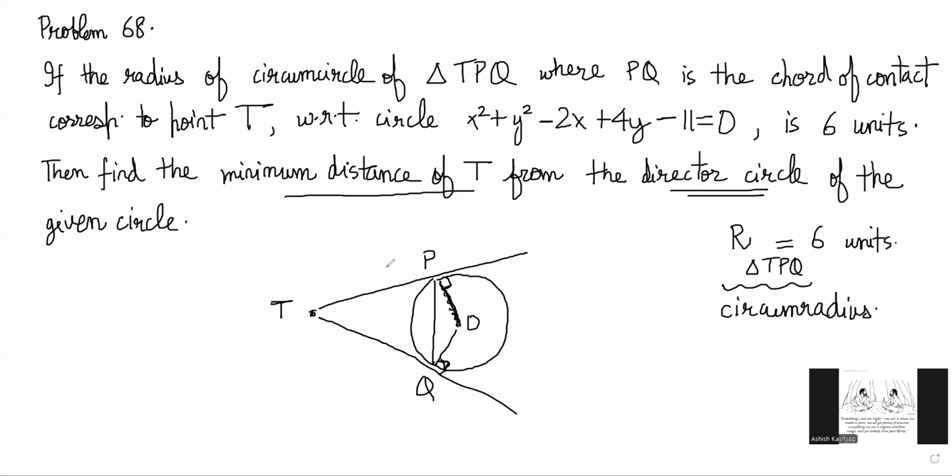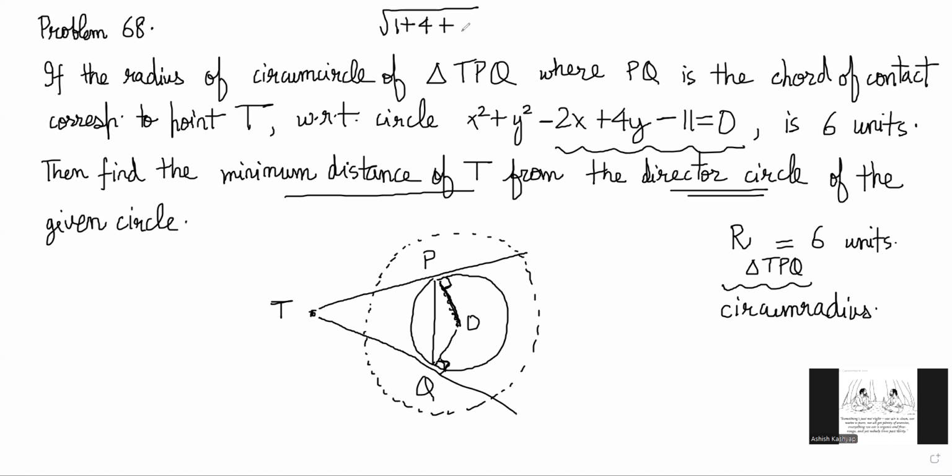So first of all, the director circle would be a circle with the same center, but with radius √2 times the radius of this circle. This circle has radius root of 1 plus 4 plus 11, so this is 4. The known circle has radius 4. The director circle radius will be 4 root 2. And we have to find the minimum distance of point T from the director circle.